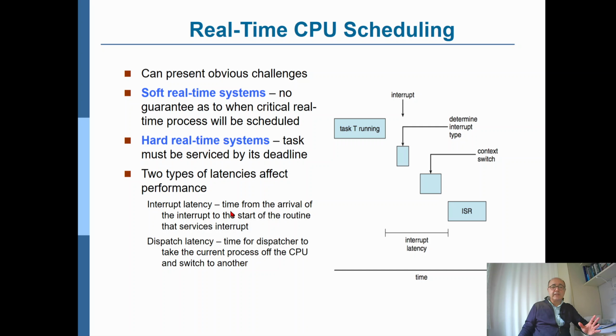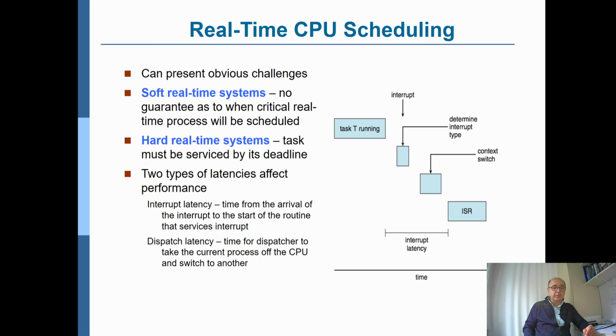So coming back to our discussion here in CPU scheduling for real-time systems, we have two different kinds of latencies here. One is the interrupt latency. So you have some task running, say task T is running, and an interrupt occurs. From the point the interrupt occurs till the time the interrupt service routine, the ISR here, starts, that's what we call the interrupt latency, which is composed of the interrupt arriving, and then you determine the type of the interrupt, and then you decide to do a context switch to the interrupt service routine for that type of interrupt.